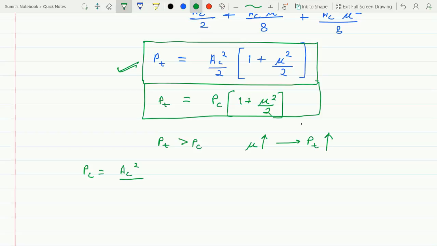So the carrier component power was Ac square by 2, and then the upper sideband and the lower sideband power.